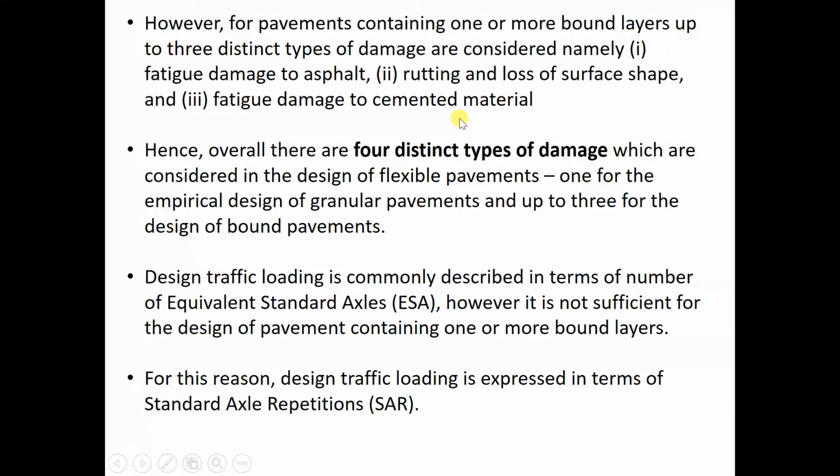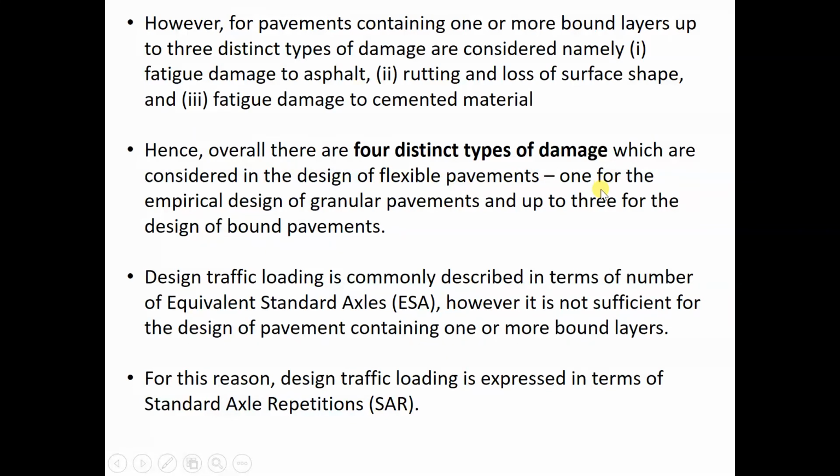So there are 3 types of pavement damage that we need to consider. Hence, overall there are 4 distinct types of damage which are considered in the design of flexible pavement.